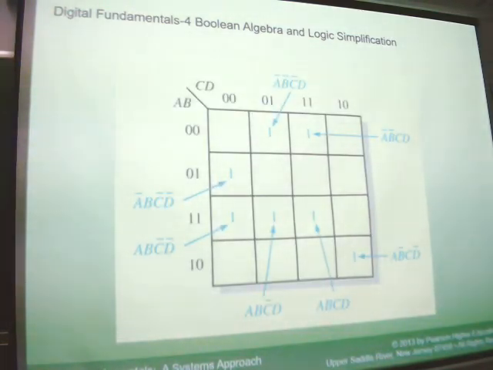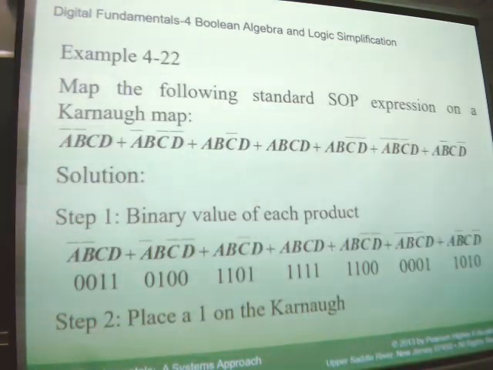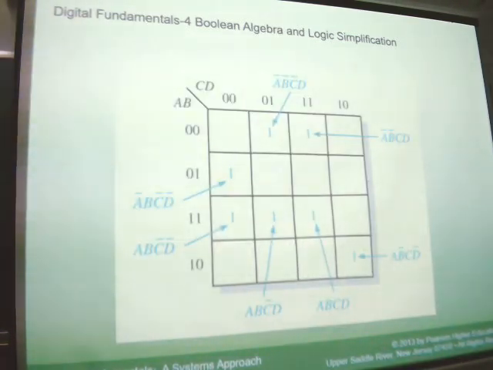First, 0011. So there are 7 ones on the Karnaugh map, and the other cells are 0.